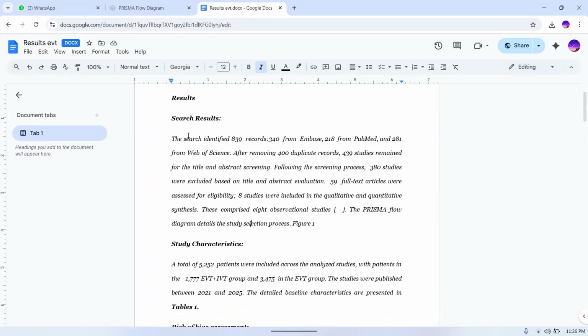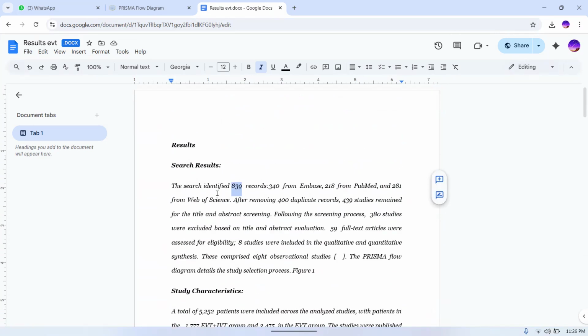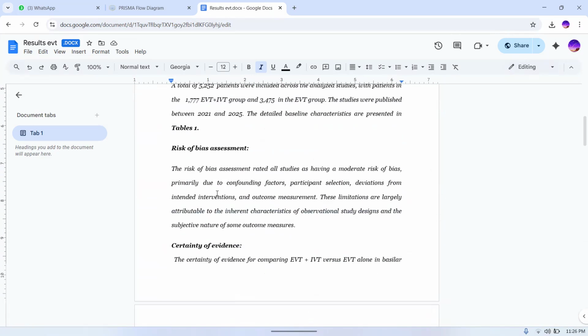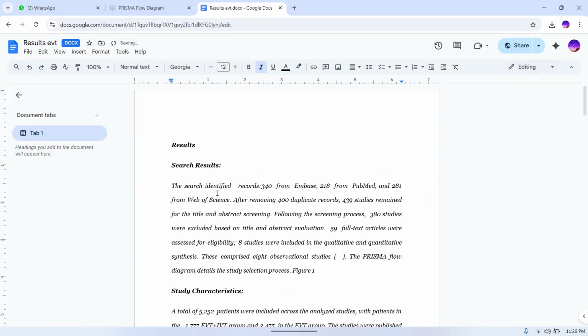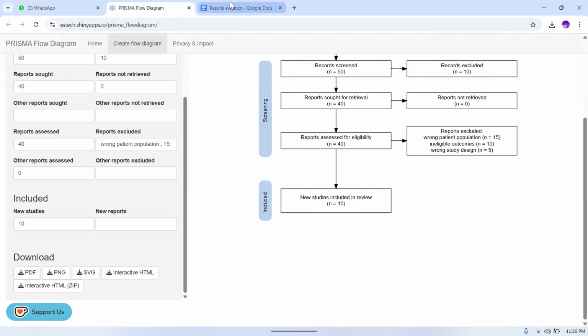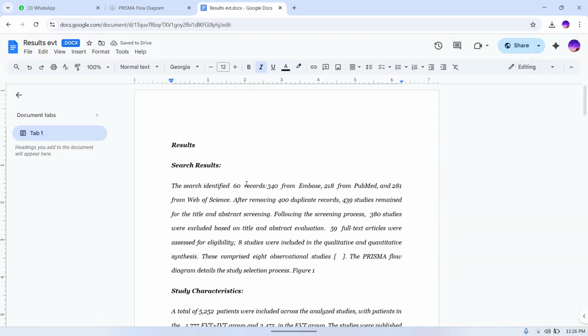Now, in this particular paragraph, we'll be writing, let's say, the search identified how many records. Yes, the search identified 60 records. I would be writing from this PRISMA diagram, right? 60 records we identified.